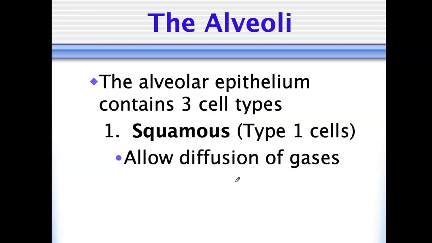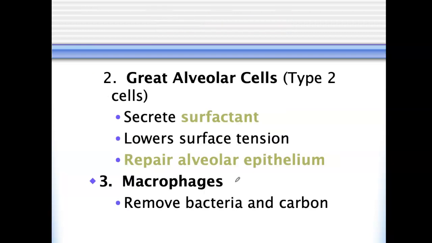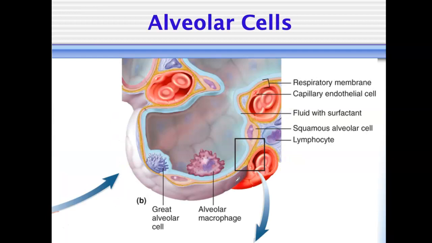Okay, so let's go back: squamous cells, great alveolar cells, and macrophages. In a diagram, here's a great alveolar cell. It's secreting surfactant. A macrophage is a larger cell and can patrol around and find anything nasty around here. And then the type 1, the majority of squamous cells that just make up this tissue of the alveolus.